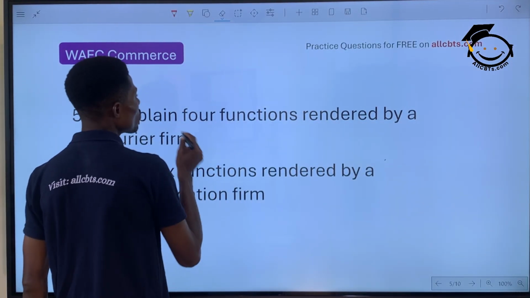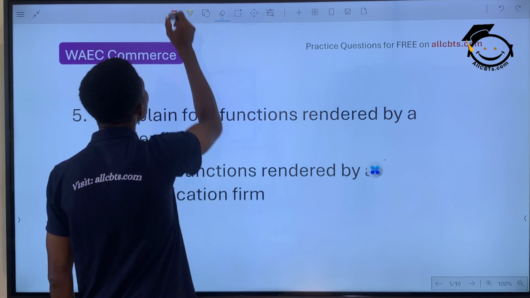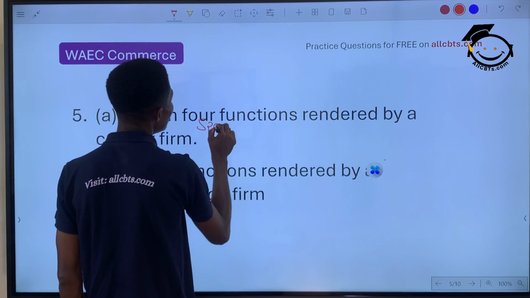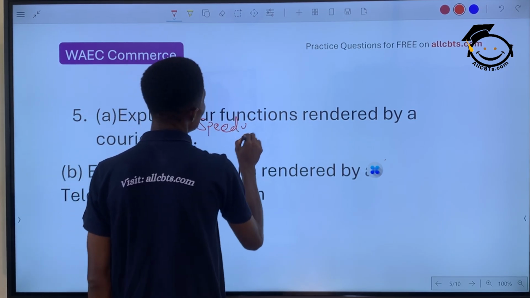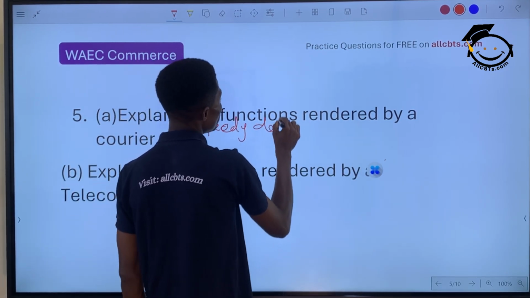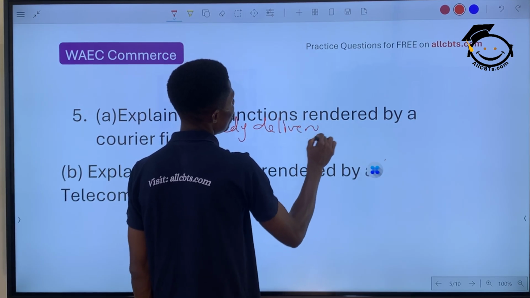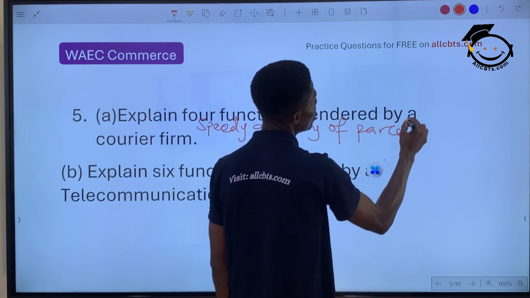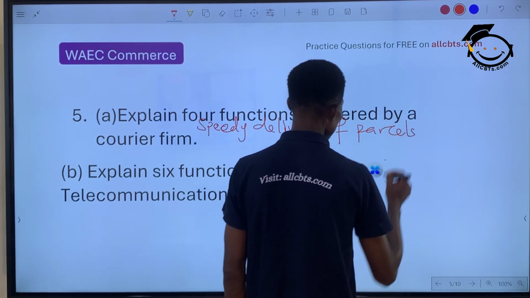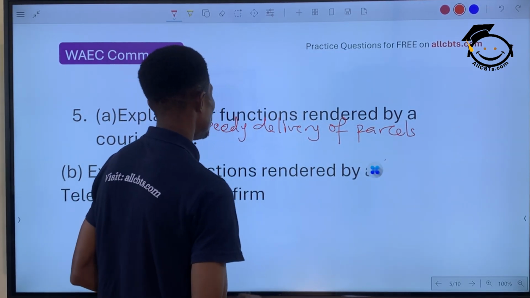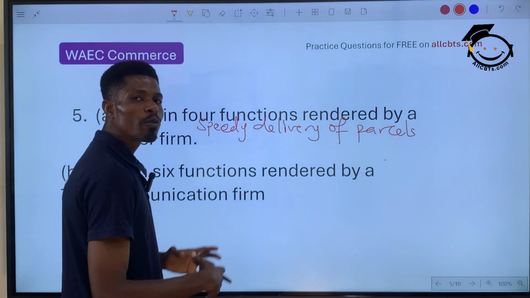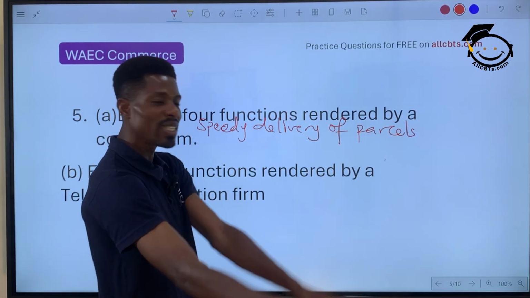The first function is speedy delivery of parcel or goods. What does this mean? It means moving packages quickly to where it is needed.